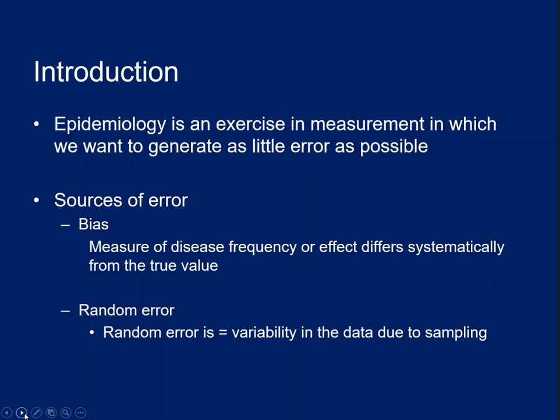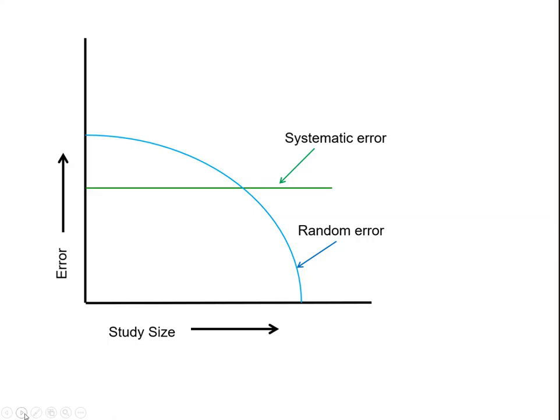If we think about them, a useful way to consider it is that as our study size increases, our random error will in fact go down. So this is this blue line here. In other words, the bigger your study gets, the less error there is due to random error in that study.